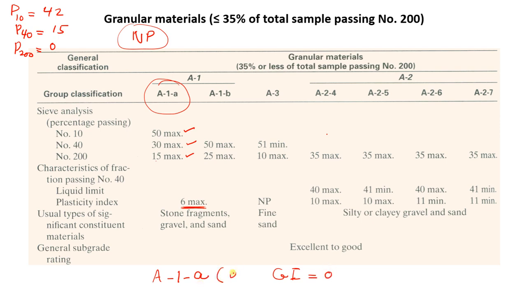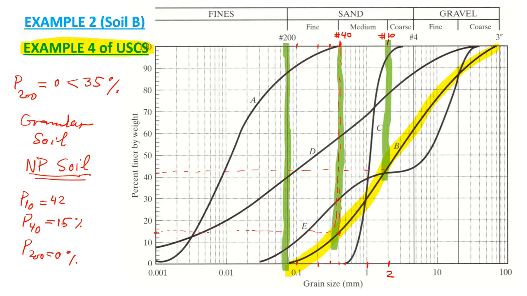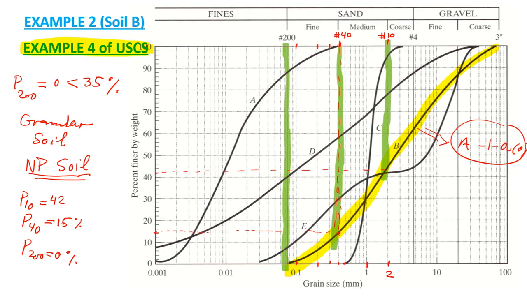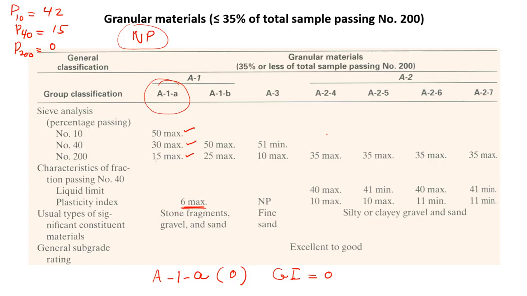You should try. So this soil B is A1A, with group index 0. A1A.